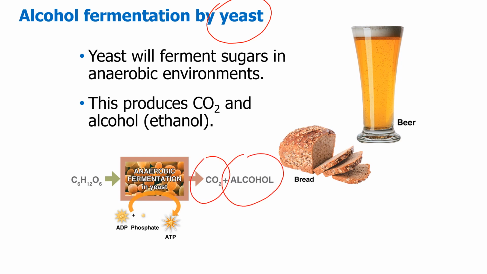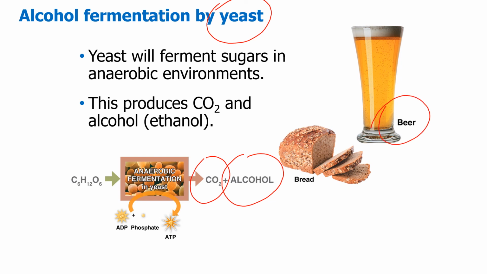So completely different products come out from yeast fermentation versus lactic acid fermentation, which takes place in humans. Humans convert pyruvic acid into lactic acid, and yeast converts the pyruvic acid into carbon dioxide and alcohol. That's why we use yeast to make beer, so that we can produce that alcohol.